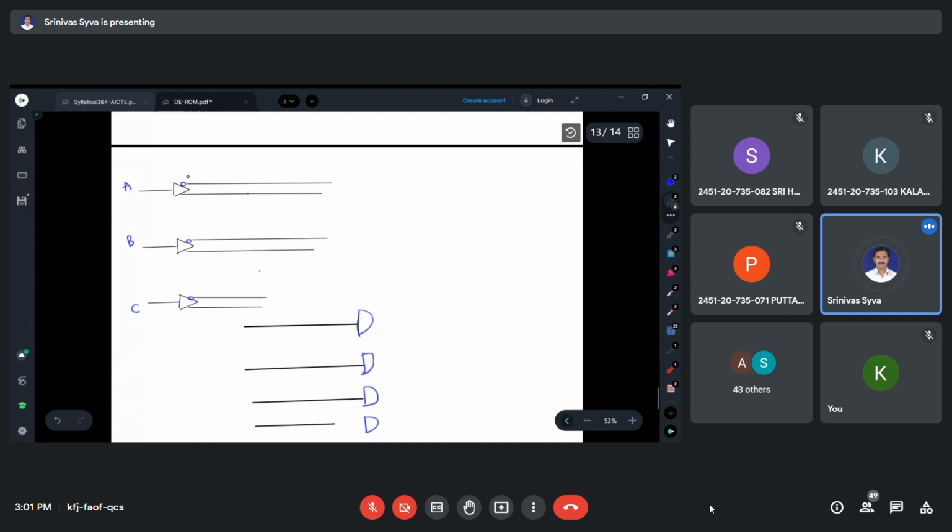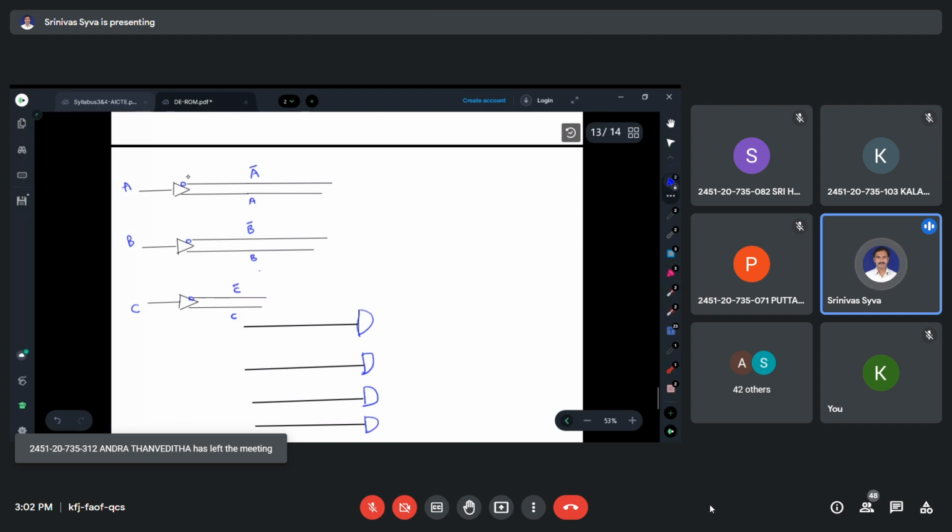Just observe this. Here this bubble means it is A bar, whereas this is just A. That is the meaning. Here B bar, here just B. Here C bar, here it is C.